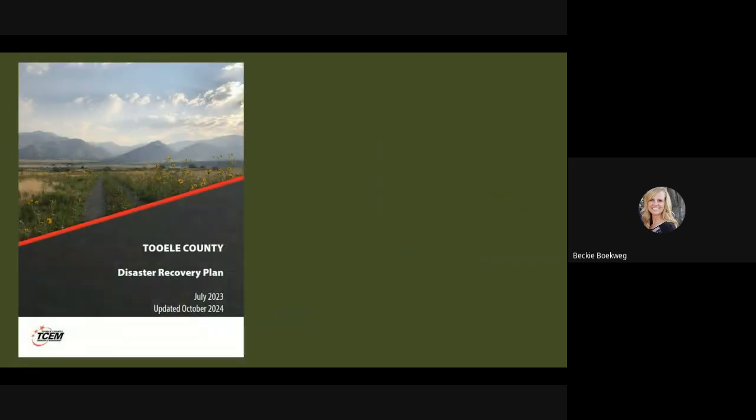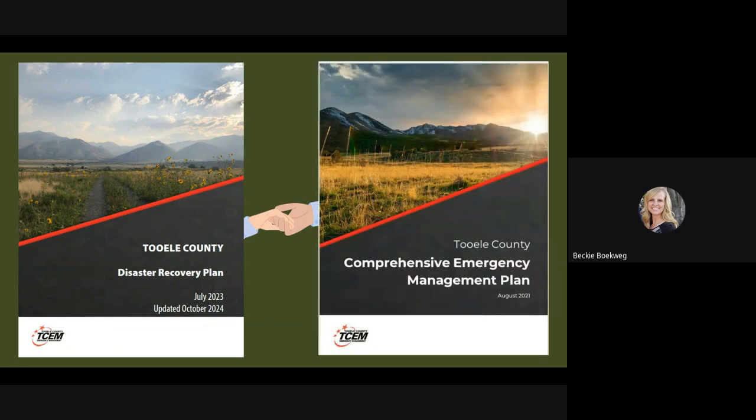The Tooele County Disaster Recovery Plan, DRP, identifies the core activities necessary for successfully implementing the recovery process. The DRP utilizes an all-hazards approach, which works in consort with the Tooele County Comprehensive Emergency Management Plan, or CEMP.